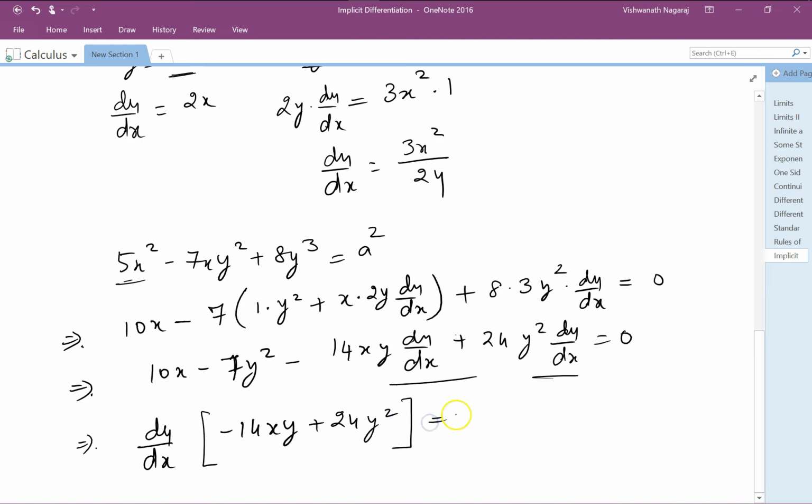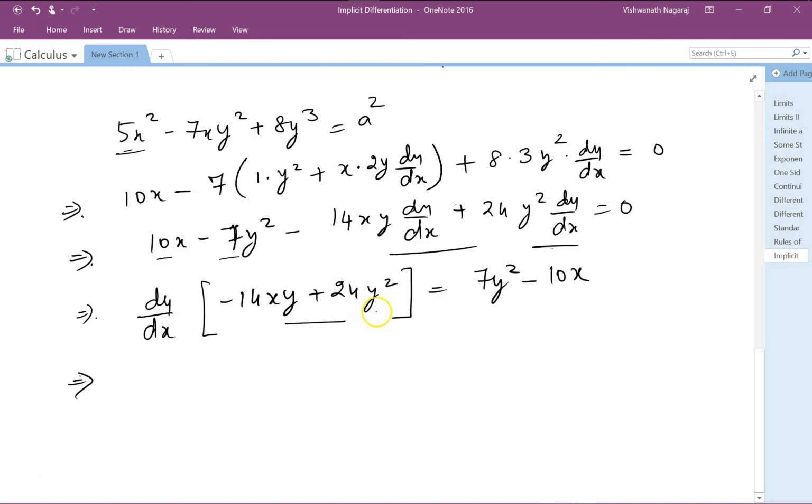is equal to, let's take these two to the other side. So 7y square minus 10x. Now we can take this to the other side. So dy by dx equal to 7y square minus 10x divided by minus 14xy plus 24y square, right?